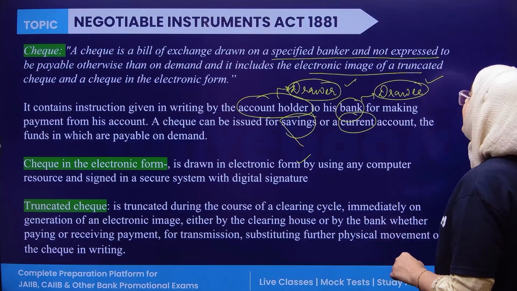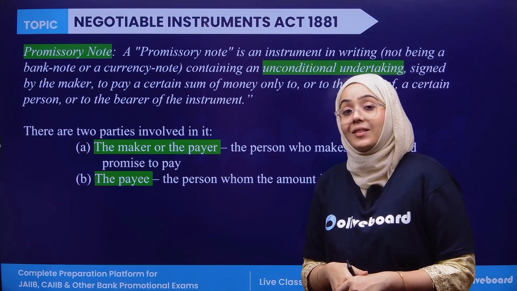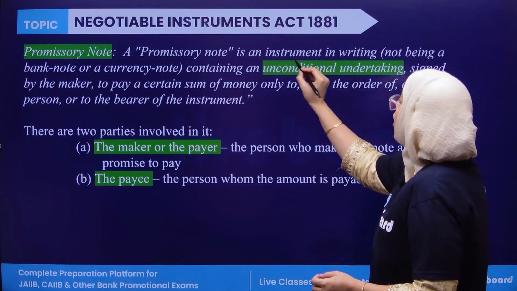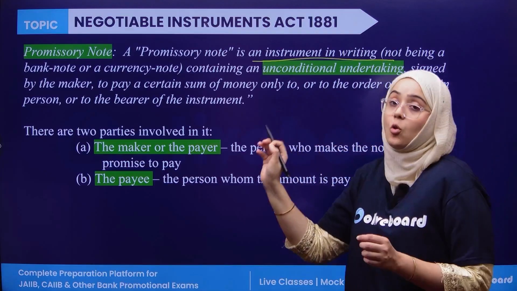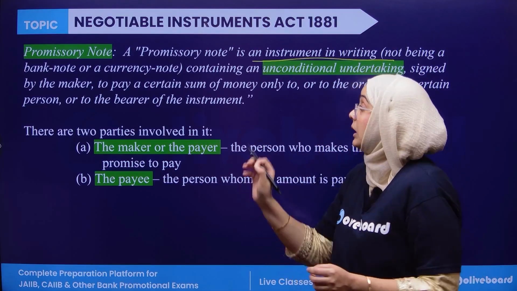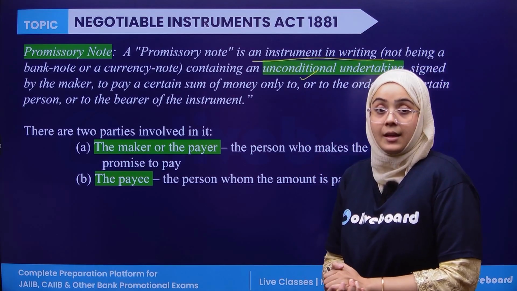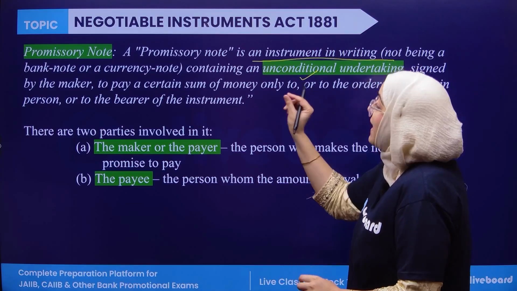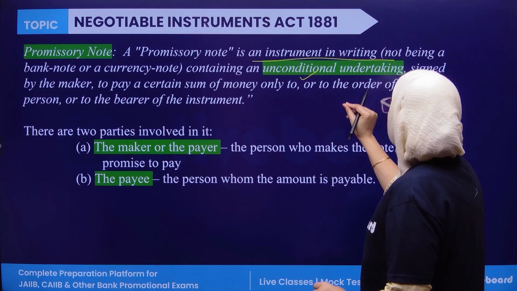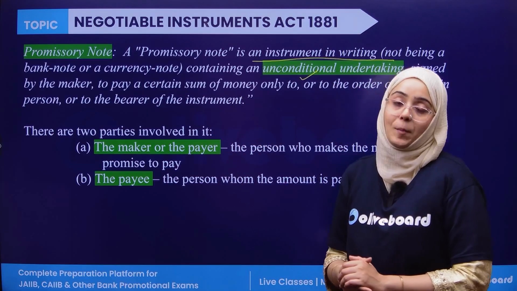Clear? Next, if we talk about the promissory note. What is a promissory note? A promissory note is an instrument in writing, not being a bank note or currency, containing an unconditional undertaking signed by the maker to pay a certain sum of money to the order of the bearer of this instrument.